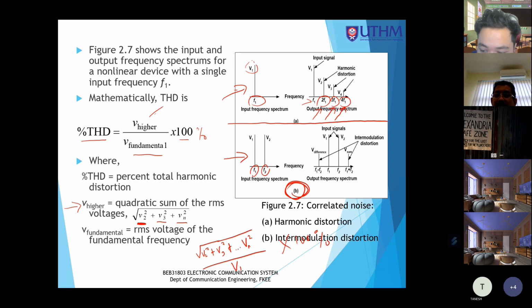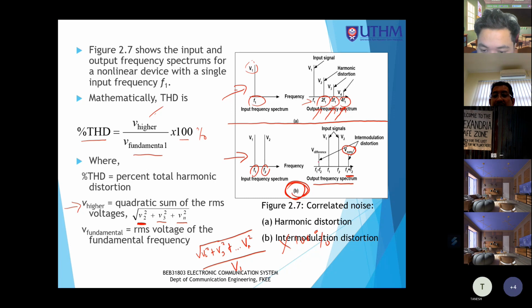So you see that here, kalau kita lihat pada outputnya, we're gonna have harmonics at the higher frequency, which is V sum, located at F1 plus F2. Dia terletak pada frekuensi F1 tambah F2, iaitu frekuensi yang tinggi. Kita panggil sebagai, ini adalah V summation.